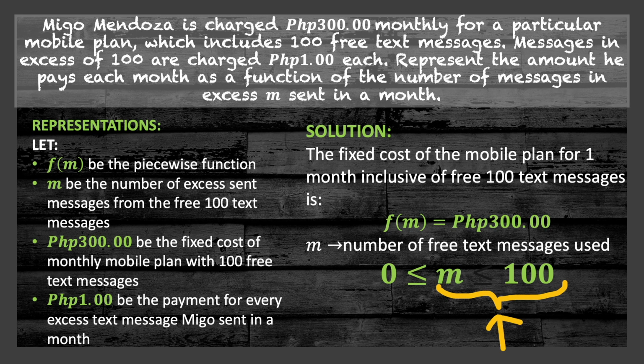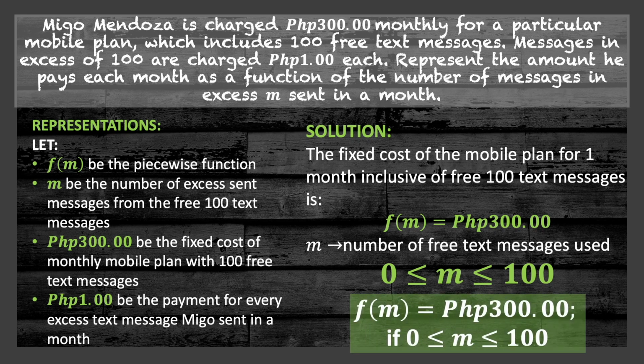Therefore, the inequality symbol between m and 100 is less than or equal to. Therefore, the first subfunction is represented by f of m is equal to 300 pesos if 0 is less than or equal to m, but m is less than or equal to 100.